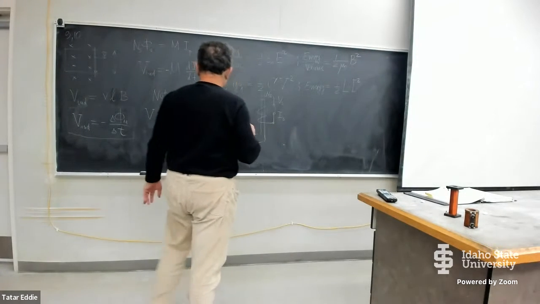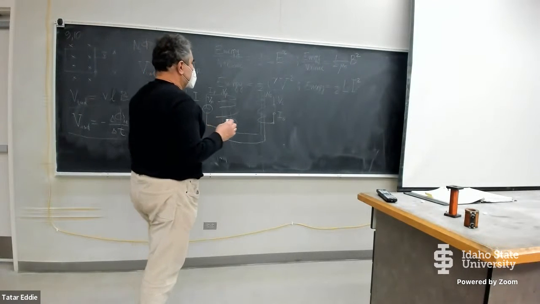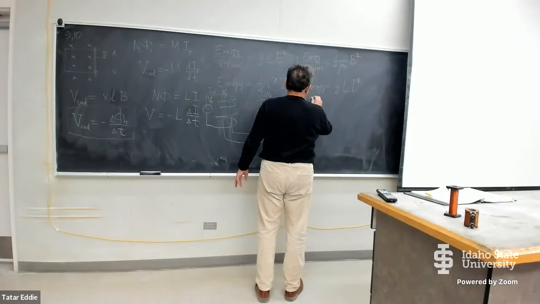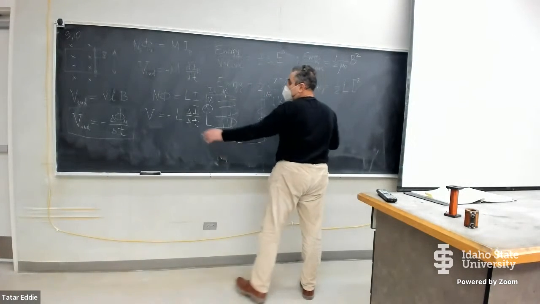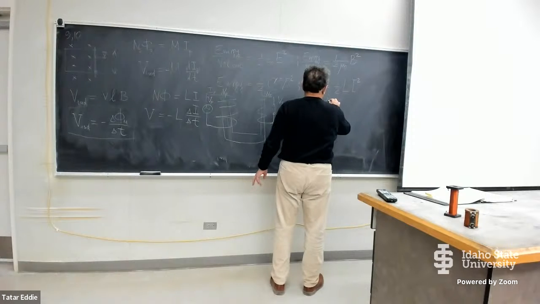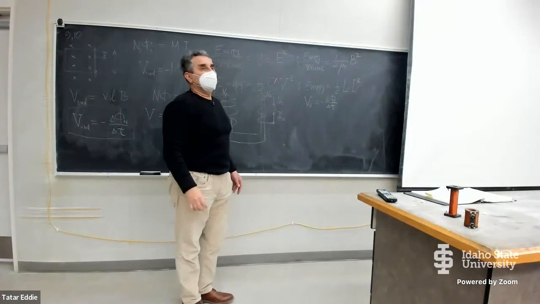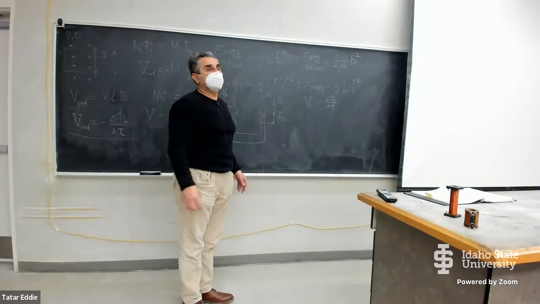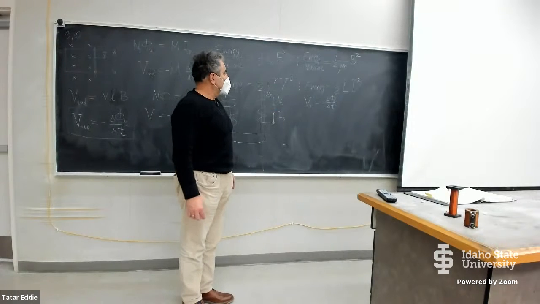Now look, the induced voltage in the secondary coil, according to Faraday's law, is equal to the change of the magnetic flux that goes to the secondary divided by the time interval. So the change of magnetic flux per unit time, the rate of change. This is Faraday's law.